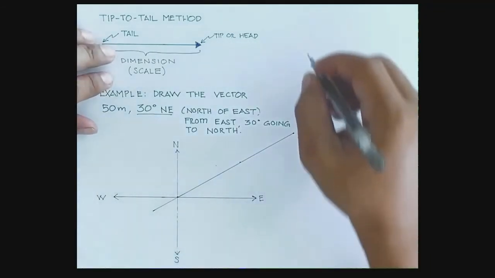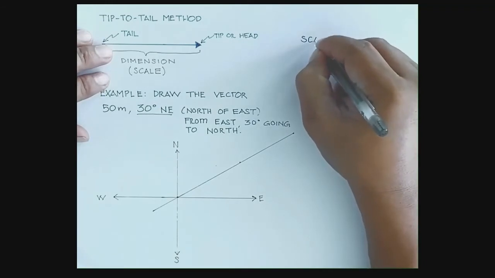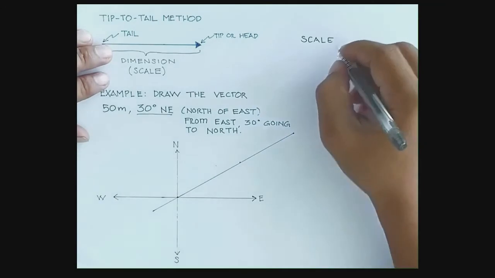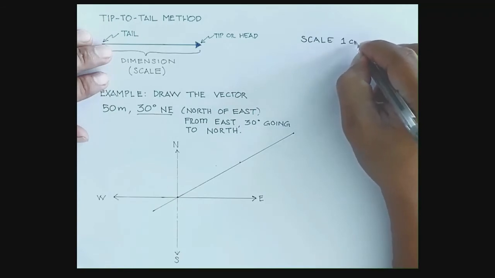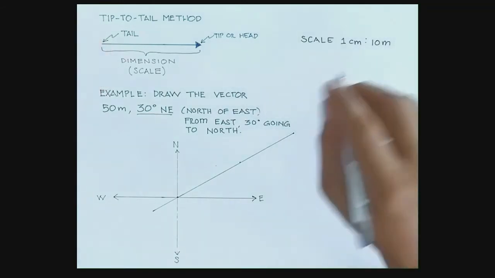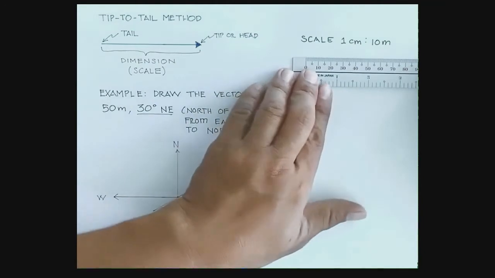So this is not yet the dimension, and then we will be considering a scale system for our vector quantity, because later on we will be measuring certain vectors together using the tip-to-tail method. Our scale here is 1 cm is to 10 meters.